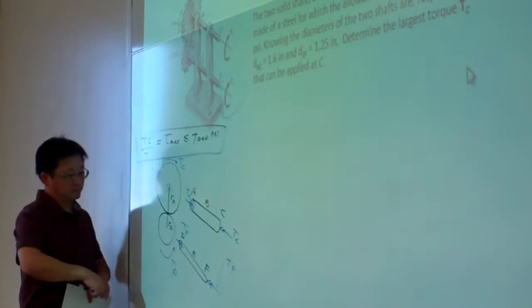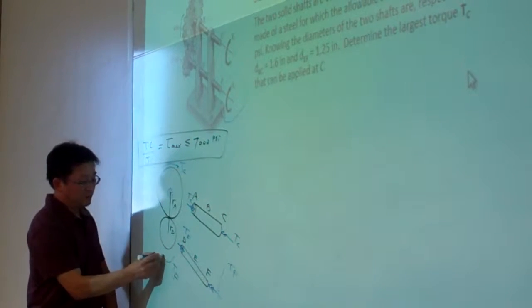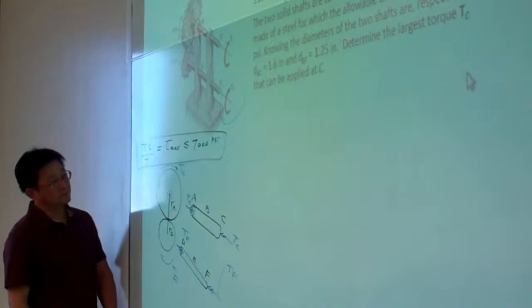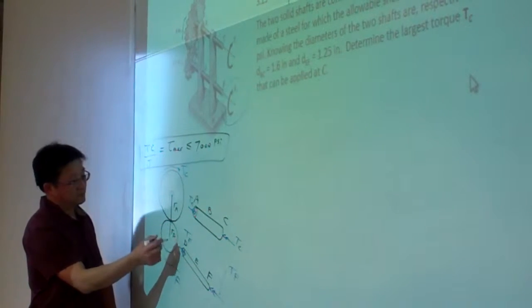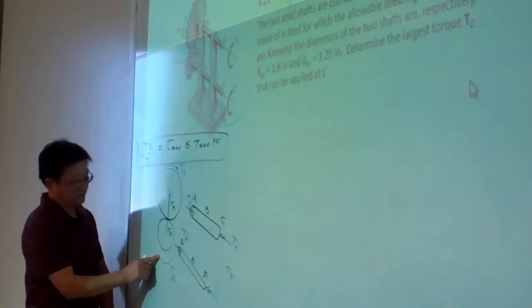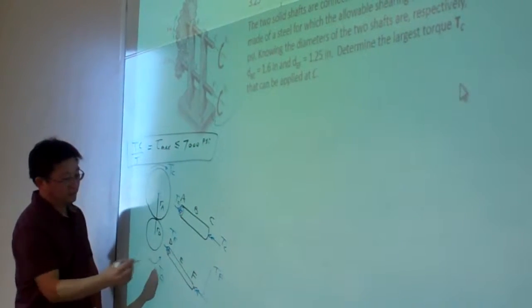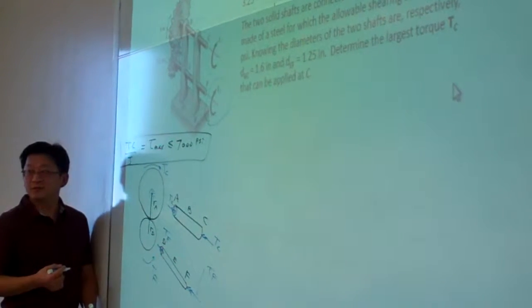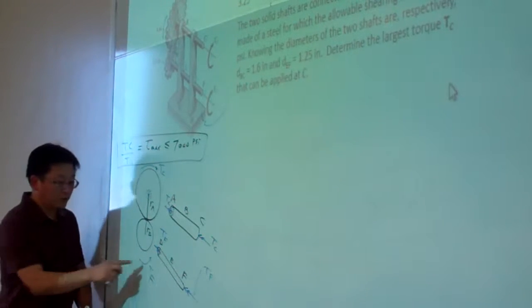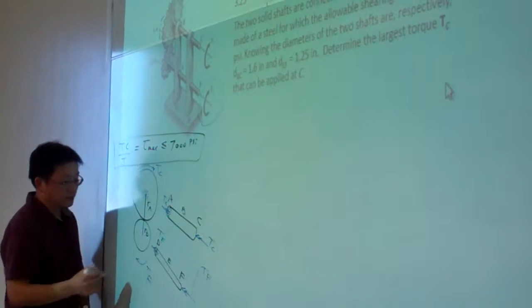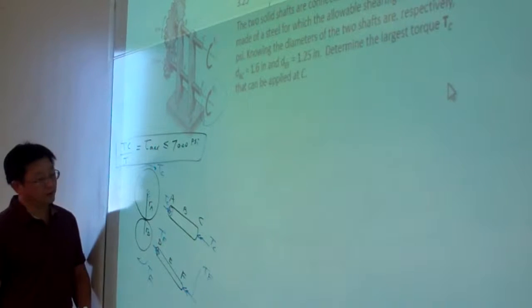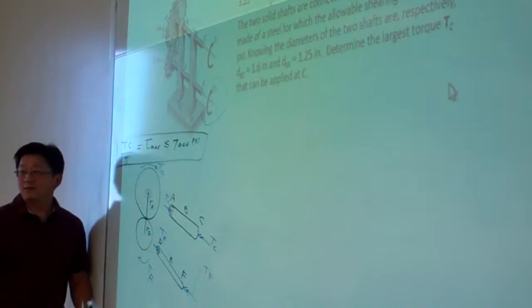So wouldn't TF be going in the opposite direction if it was static? You mean like this? Yes, because then the two gears are opposing one another. Because at the point where they touch, they have to be opposite and equal, right? Yeah, so they should be opposite. Well, they're coming together and rotating. Oh, yes, so it should be this way. Yeah. Good. Okay. So basically, much better than I do.